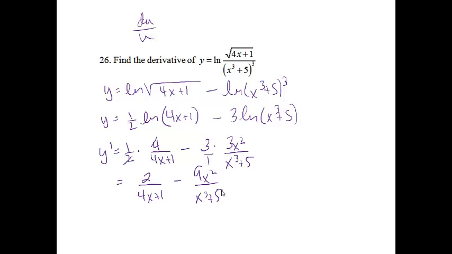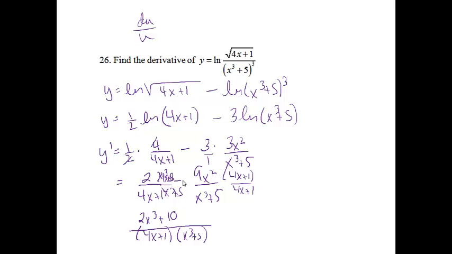And then I suppose I could get a common denominator here. The common denominator would be 4x plus 1 and x cubed plus 5. I'd have to multiply this one by 4x plus 1 over x cubed plus 5 over x cubed plus 5. That would give me 2x cubed plus 10. And then this one I'm going to have to multiply by 4x plus 1.